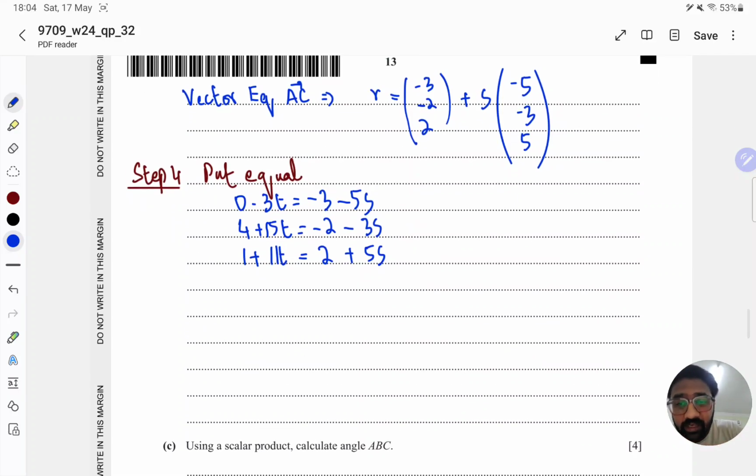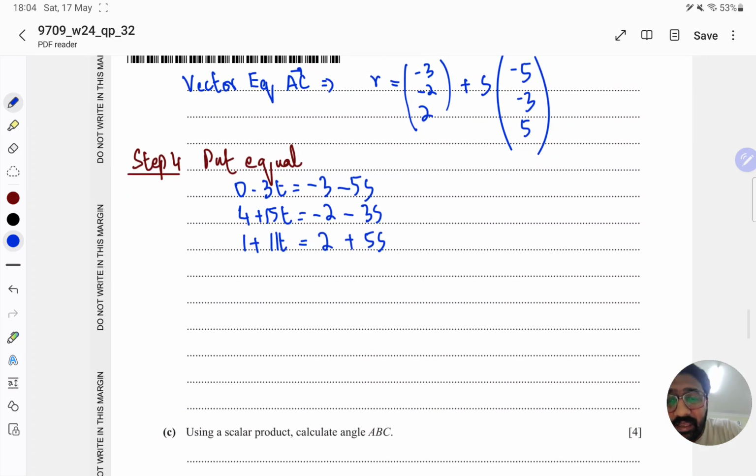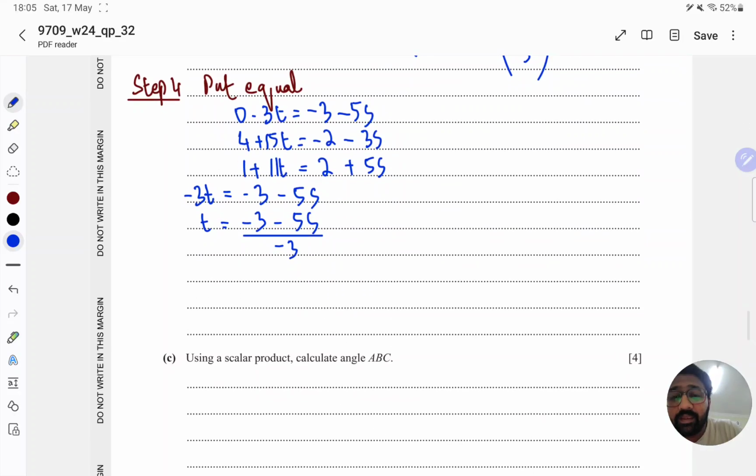Now we'll use the first two equations, which will help me in finding the value of t, or we can find the value of s. I'll use the first: minus 3t equals minus 3 minus 5s, and t will be equal to minus 3 minus 5s divided by minus 3.